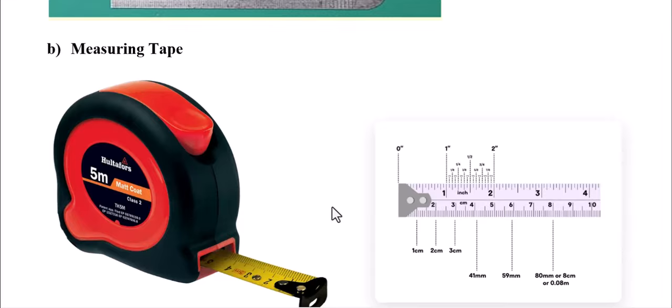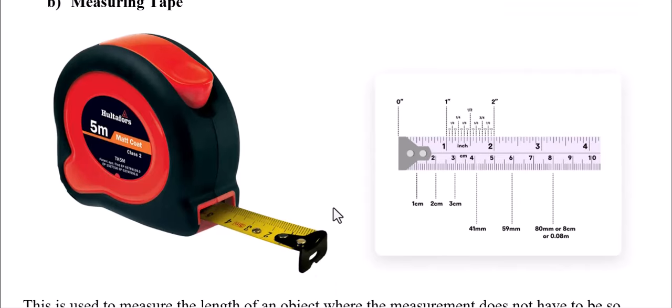The main purpose and function are similar to the steel ruler. It is just a matter of its length compared to the steel ruler, some minor flexibility issues, and the simplicity of carrying.